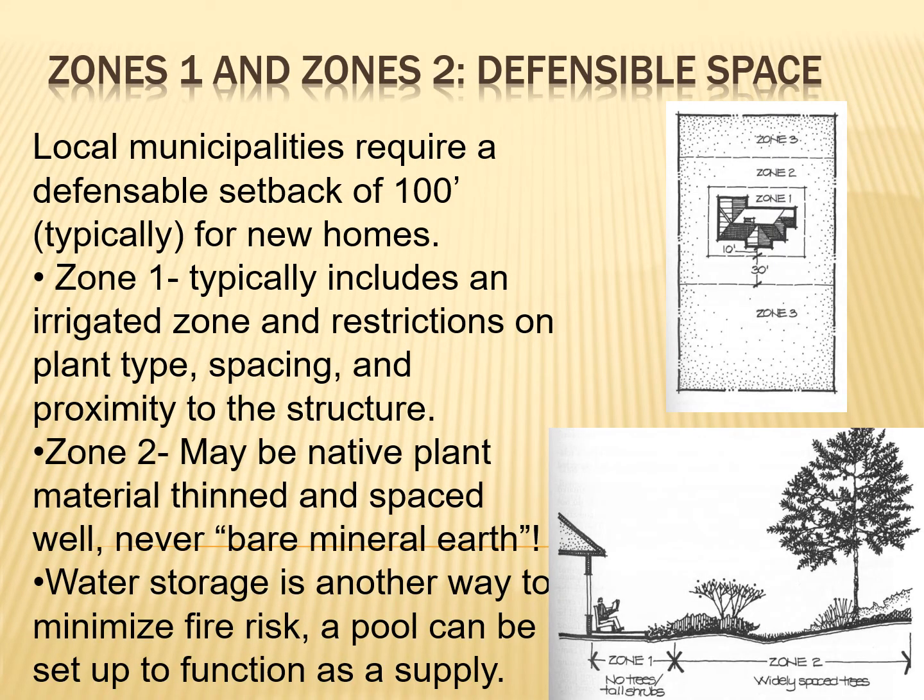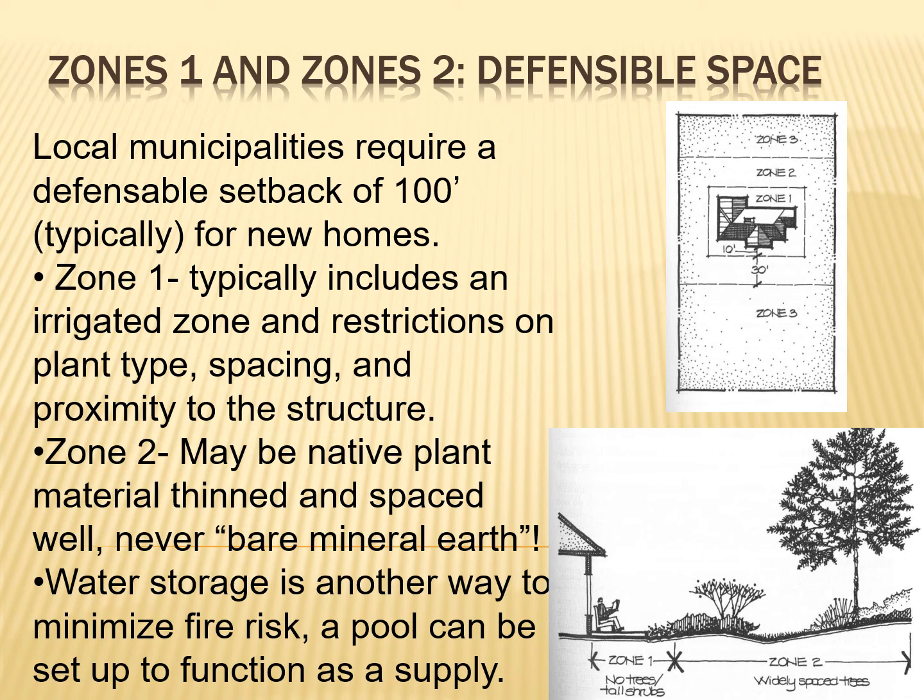So most municipalities have some regulations on how you are going to design if you are in a wildfire hazard zone. Those zones have been mapped out by the state, and each municipality usually keeps maps of those zones for their residents or businesses in their community. In general, you have 2 zones, sometimes 3 zones. But zone 1, which is closest to the structure, usually includes irrigation and restrictions on plant type and how close plants may be placed to the structure.